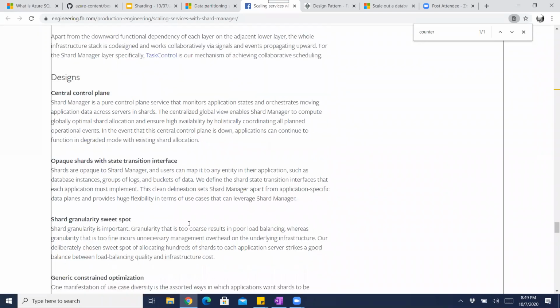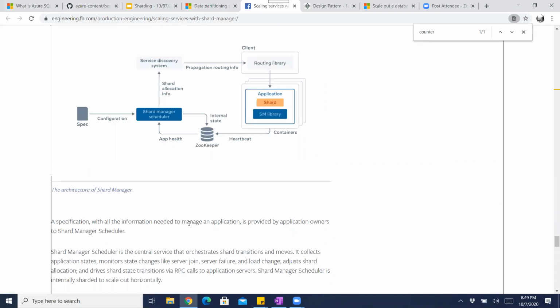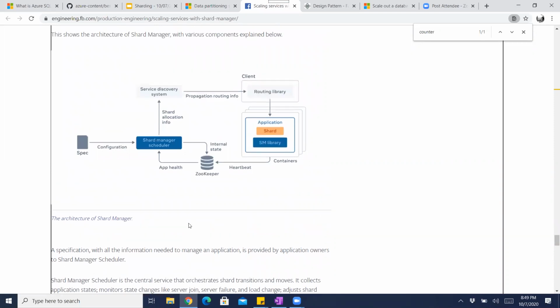So that's that. Now coming to the specifics, if we have to think of a shard management system, before getting into this diagram, what are the features that should be supported by the management system?